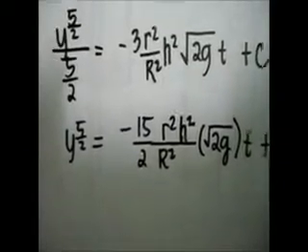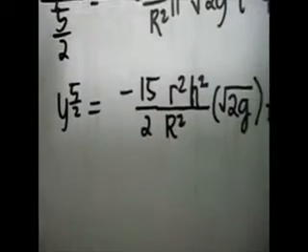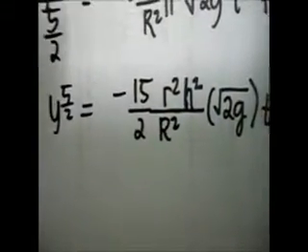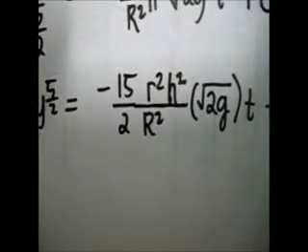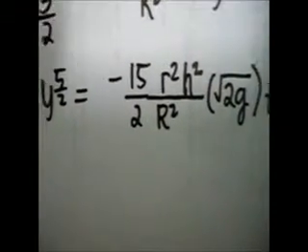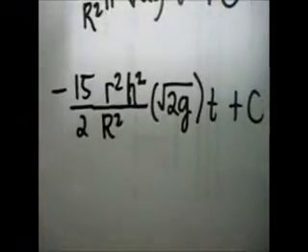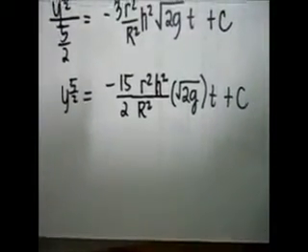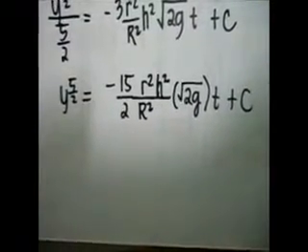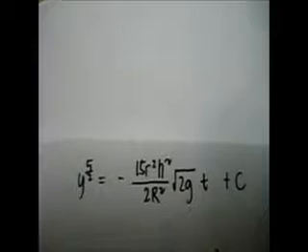Simplifying, we have y to the 5/2 is equal to negative 15 r squared h squared all over 2 R squared times 2 square root of 2g t plus c. So that is our answer for the first part.